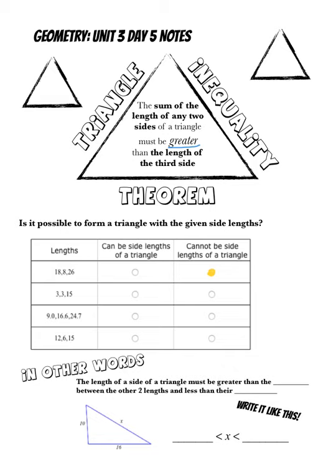Okay, they must be greater than the length of the third side. 3 plus 3 is 6. 6 is not greater than 15. I don't even have to do any more adding. Okay, oh, digital is so much fun. 9.0 plus 16.6 is 25.6, which is greater. And we know 16.6 plus 24.7 is definitely greater than 9.